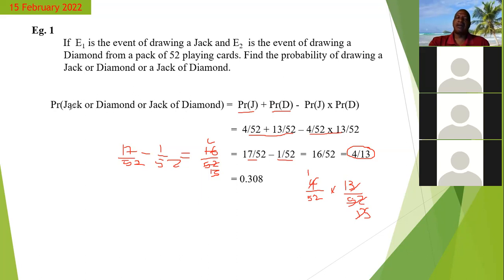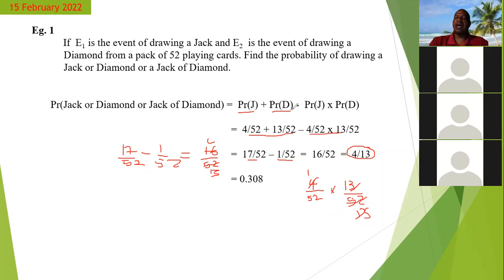So in terms of Jack, we have 4 chances of getting Jack out of the 52 cards. In terms of Diamond, we have 13 chances of getting that. Now for the Jack of Diamonds, because this is a non-mutually exclusive event, because you're getting both of them at the same time, we have to multiply those two probabilities: 4 over 52 times 13 over 52.